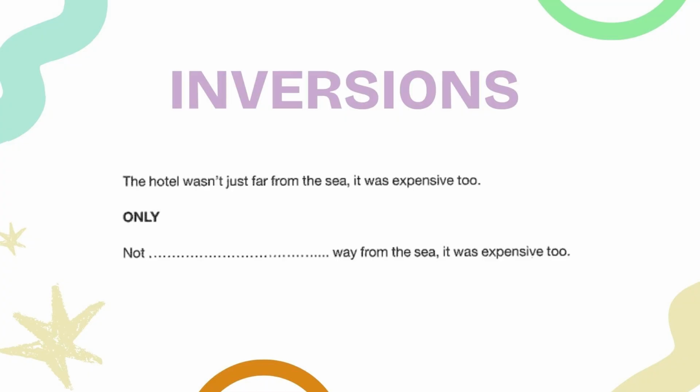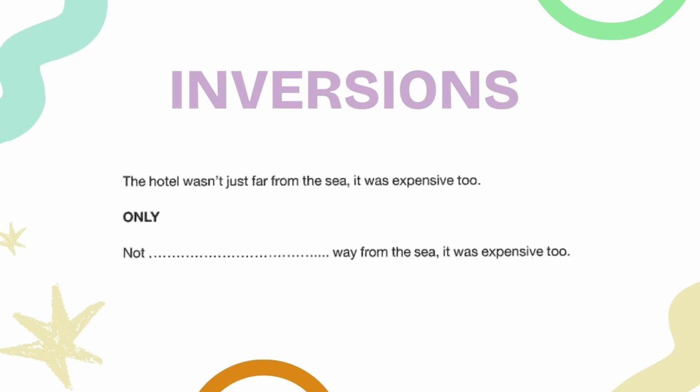So let's take a look at an example. Okay, so this example is taken straight from a C1 exam book. The hotel wasn't just far from the sea, it was expensive too. And you have the keyword only. You can see in the second sentence that the answer needs to begin with not. When you see this not and you have only as the keyword, you should be able to recognize that this is an inversion.